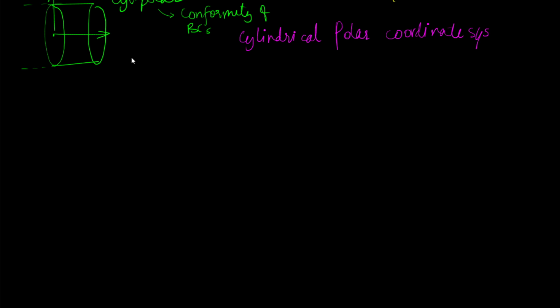So once again, the continuity equation is always there. I'm not going to write it down, but I'm just going to focus on the momentum equation. So if the components of velocity are Vr, V theta, and Vz, where this is the Z direction, this is the radial direction R, and theta is defined as the angle swept in the plane.